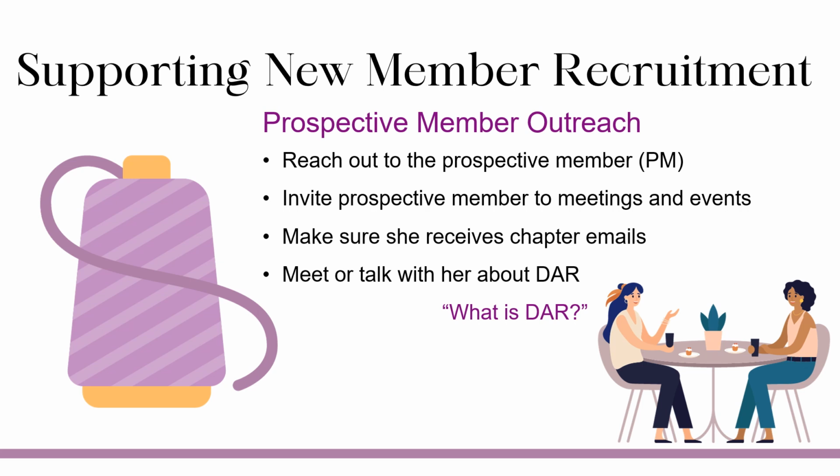Share with her the activities that your chapter is involved in and invite her to participate. The chapter corresponding secretary should also have the prospective member's contact information. That way, she can send future communications and invitations while the prospective member is working on her application.